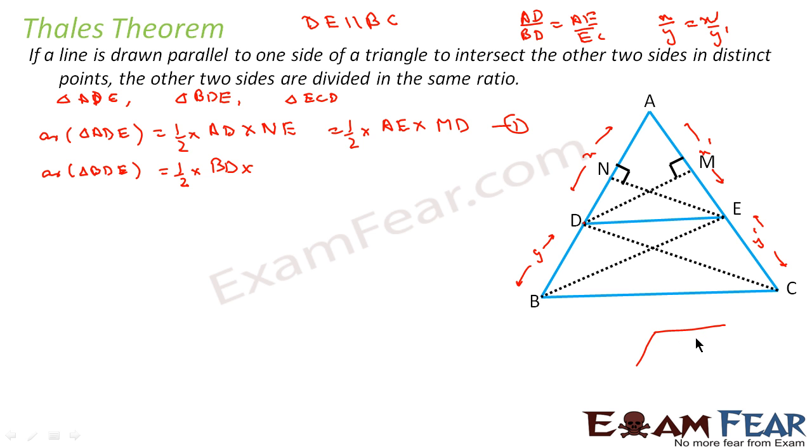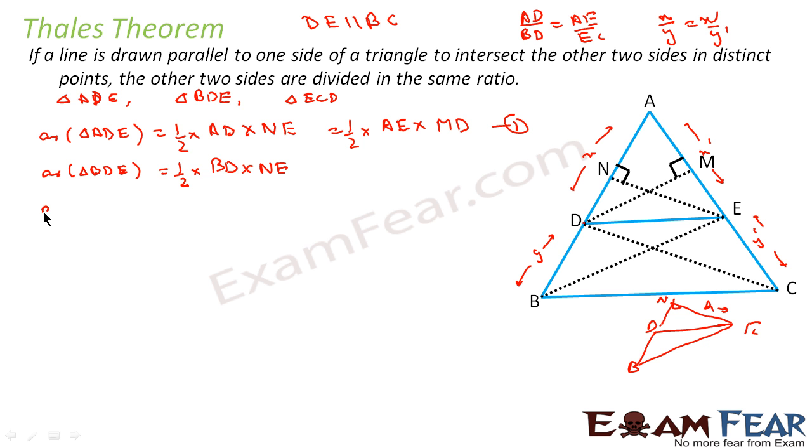See, this is my triangle, this is B, this is D, and this is E. Now to find the height of this, you extend this base and from this point you draw a perpendicular. The point where it meets is the height, correct? And in this case, this is N. So NE is the height. Why am I trying to do this? Because when I divide, this NE can cancel, correct? So the area of BDE is nothing but 1 by 2 into BD into NE.